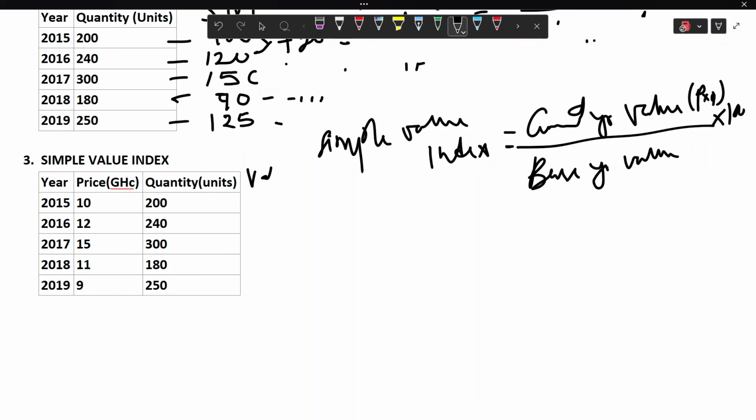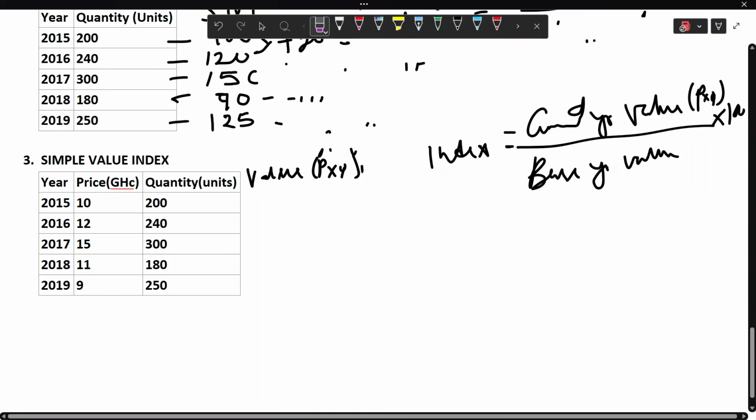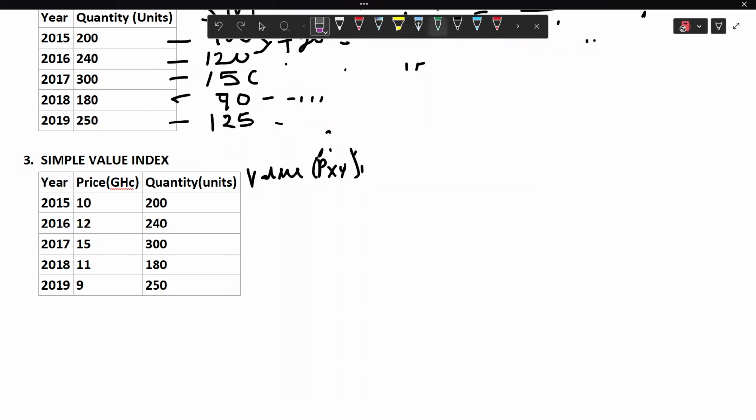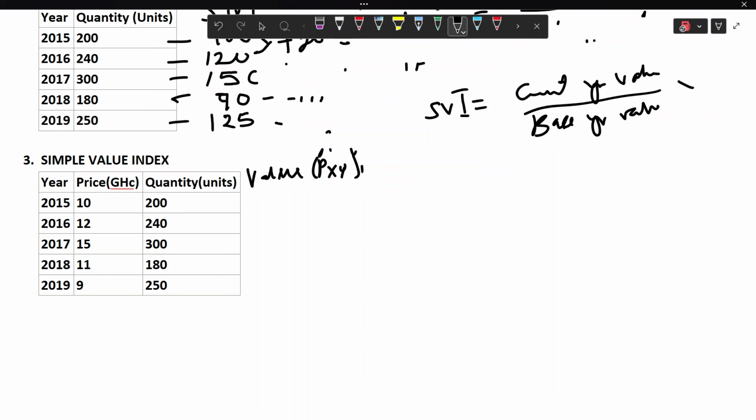Let me create another column for value here, which is basically price times quantity, before we find the index.